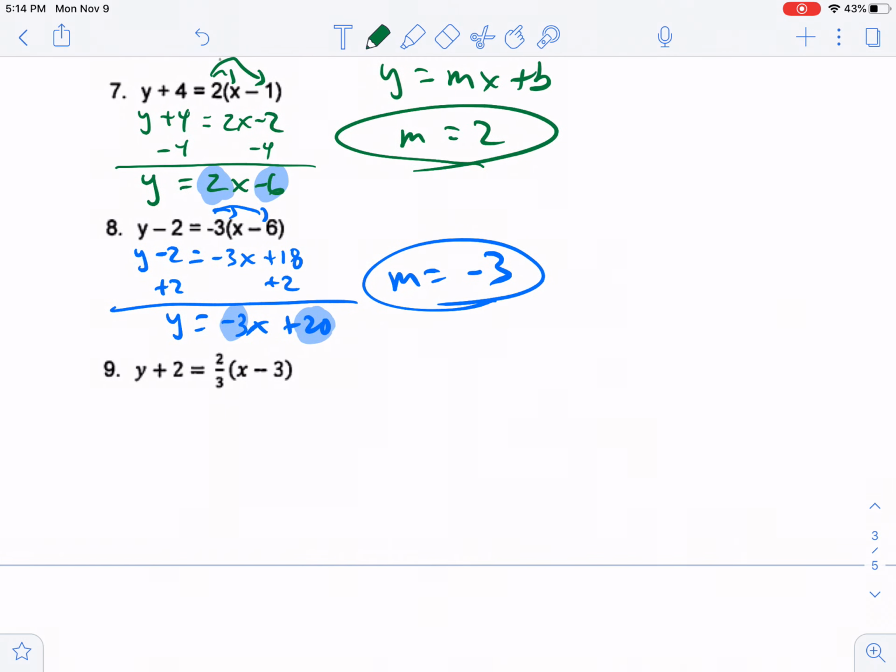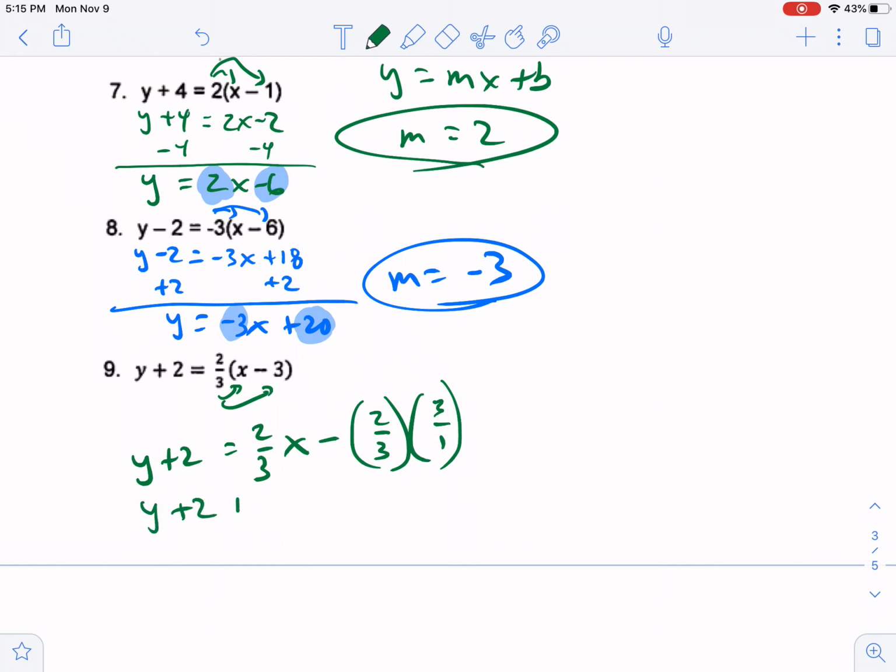Finally, distribute the 2/3. We've got y plus 2 equals 2/3 x minus, basically, 2/3 times 3/1.